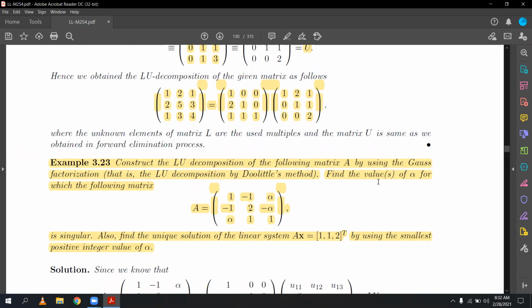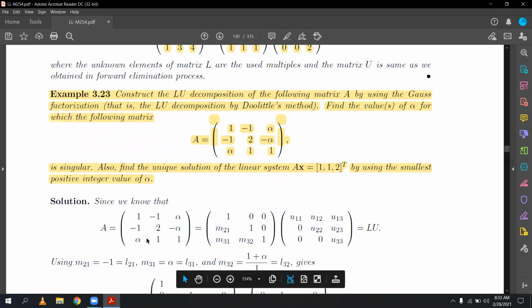Then he says find the value of alpha for which the following matrix is singular. And what does singular matrix mean? It means determinant of A must be equal to 0. Then in the second part he says find the unique solution of the linear system, this is your B, by using the smallest positive integer value of alpha.